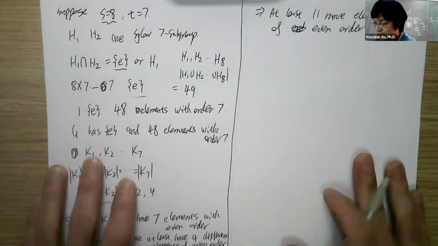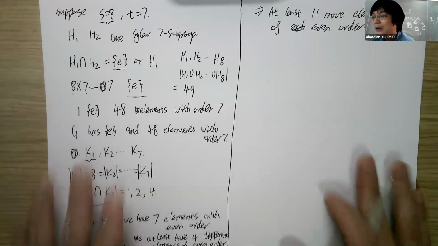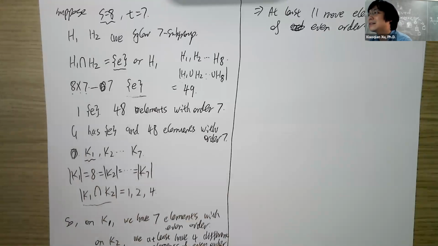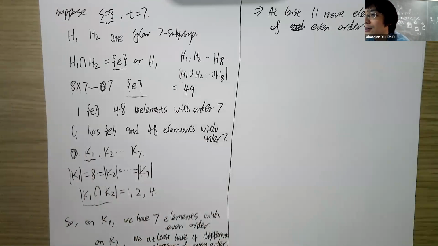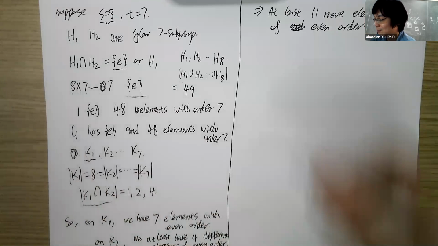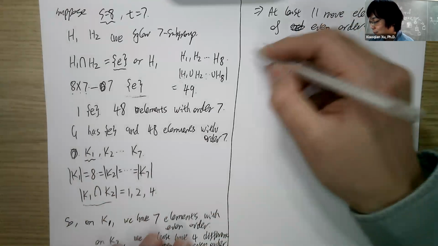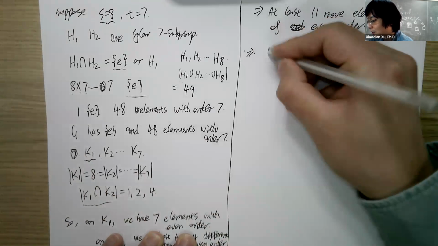Because this G has a total of 56 elements. It already has 48 elements with order 7. It cannot have an additional 11 elements with even order, right? So G is not simple.